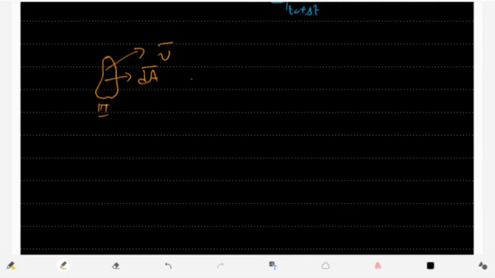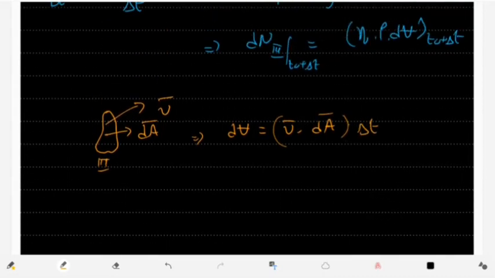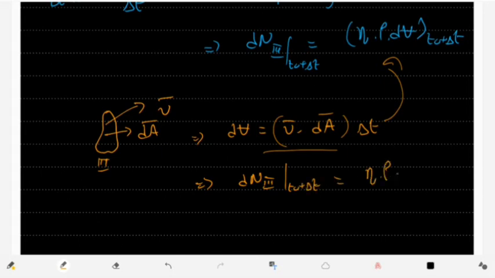So we can write the volume dV equals v bar dot dA bar into delta t. Now I'll substitute this value in this equation. We will get dN3 at t naught plus delta t equals eta into rho into v bar dot dA bar into delta t.